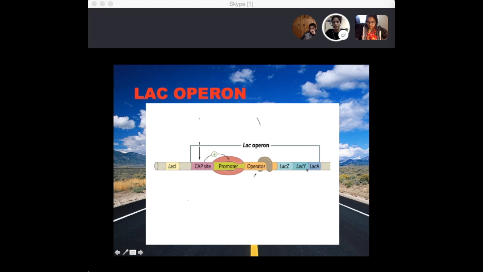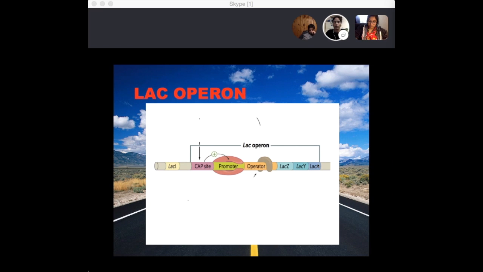So lac Z, lac Y, and lac A. And these are the genes that are needed to metabolize lactose. And further upstream of these genes is where regulation occurs on whether or not we want to transcribe these genes into mRNA, and that would essentially lead to making proteins that correspond to these genes.